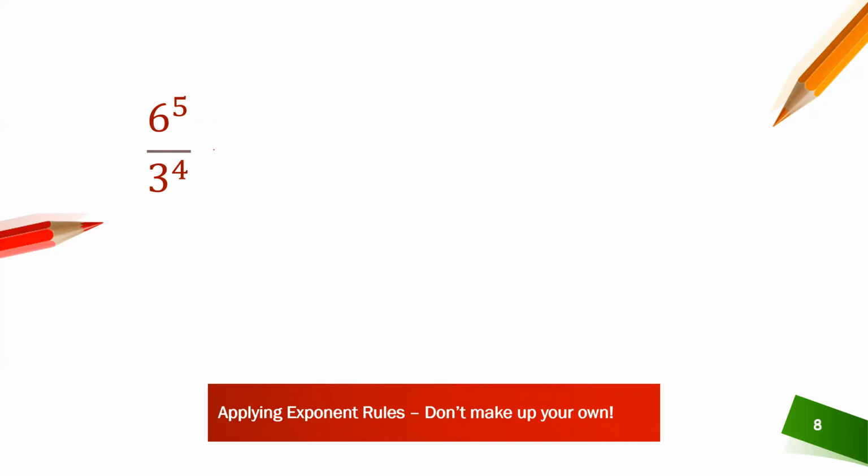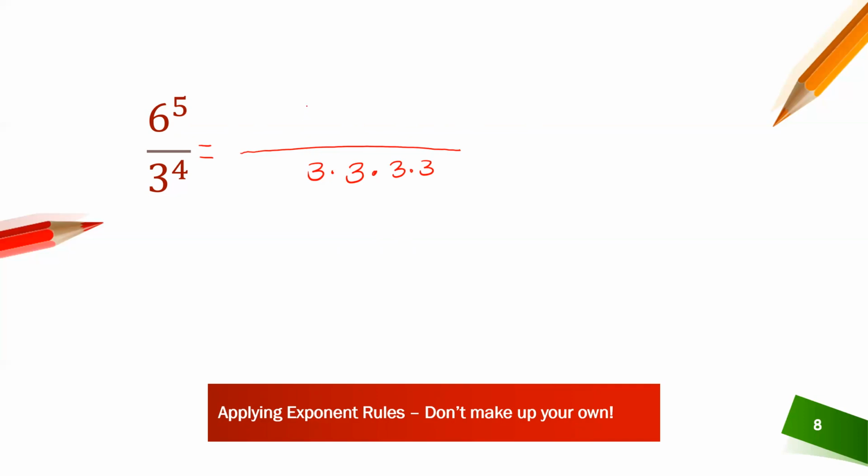So in this case, what we have here is 6 on the numerator. So we really should be thinking here, let's deal with the denominator first. 3 times 3 times 3 times another 3, 4 copies of 3. Now, when we have no idea of how to apply the rules, we should always go back to the definition of what things mean, right? So 6 to the 5th power.